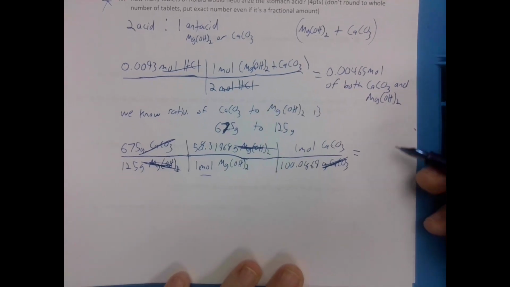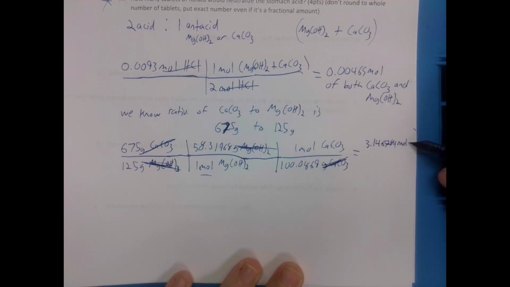So I have a ratio of 3.1465284 moles of calcium carbonate to 1 mole of magnesium hydroxide.